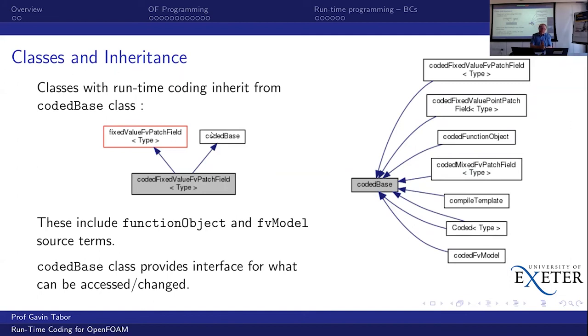And what we're doing here, the coded base class is, I think, a virtual base class, so it provides virtual functions for things which are going to be implemented. Actually, sorry, the coded fixed value provides virtual functions for things we're going to want to implement here.